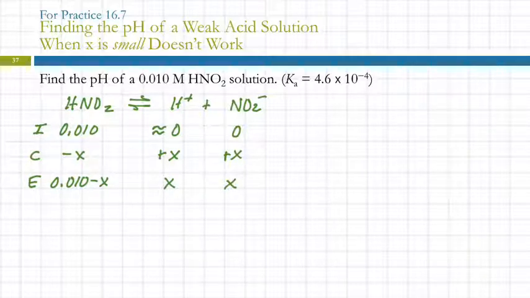It can be tempting to skip the ice table. I don't recommend that. It really helps you to see what's going on. So my Ka is 4.6 times 10 to the minus 4. And that's going to equal hydrogen ion concentration times nitrite concentration divided by the nitrous acid concentration.